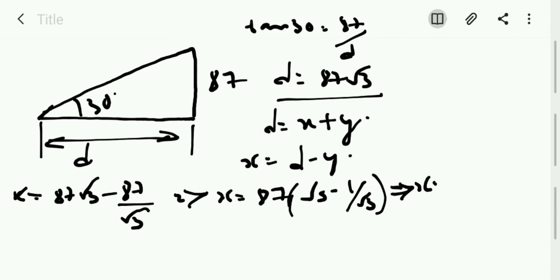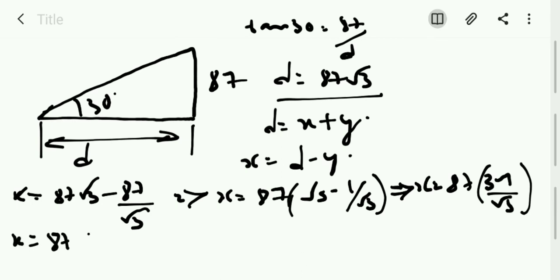And now taking the LCM, root 3 into root 3 is 3, minus 1 by root 3. Now x is equal to 87 into 2 by root 3, which is 174 by root 3.